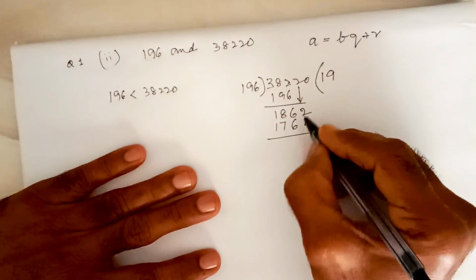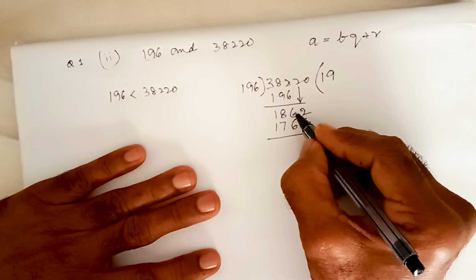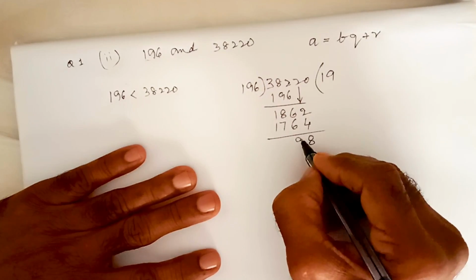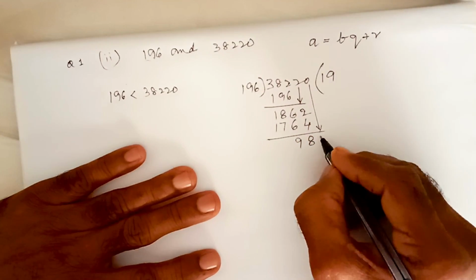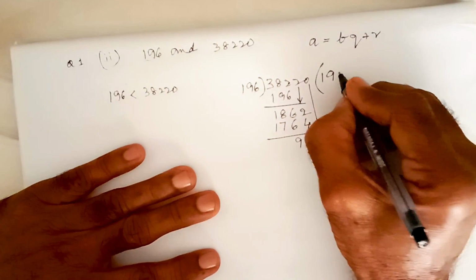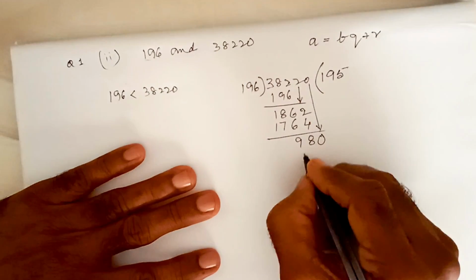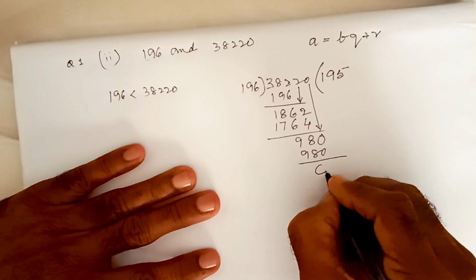The balance is 12 minus 4 is 8, and 15 minus 9 is 9. Bring down this 0. This becomes 980. It can go 5 times, 980. The remainder is 0.